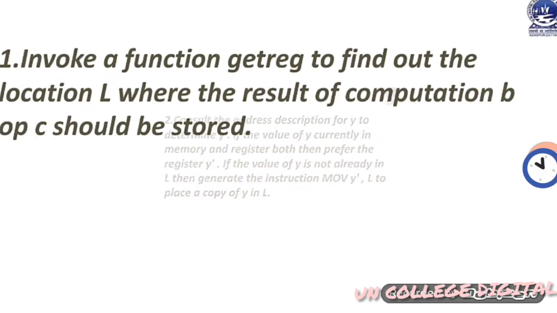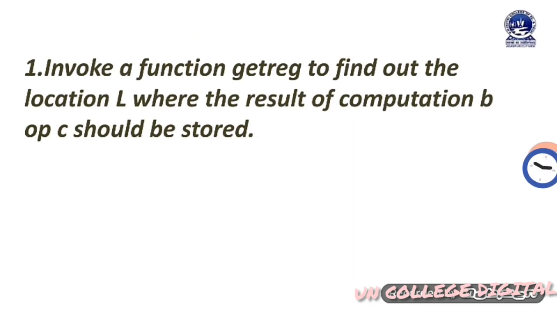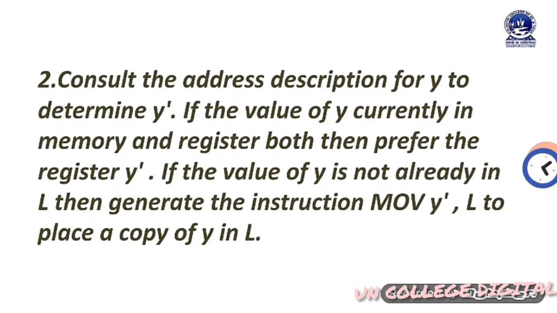Let me explain it. In the first step, the register descriptor is used, and one function, getreg, is associated with the register descriptor. It is used to find the location of the register where the result of the computation will be stored. In the second step the address descriptor is used, which we have already discussed.